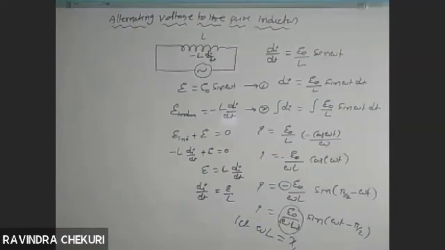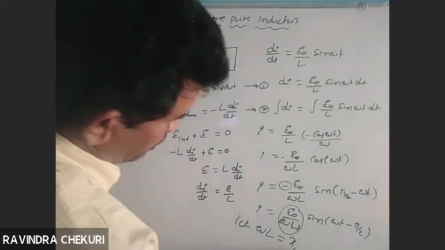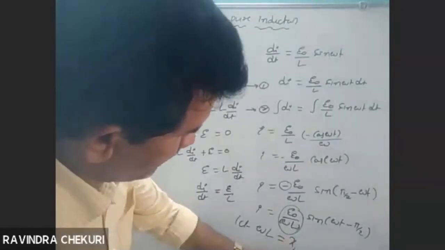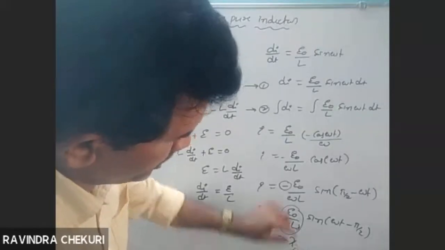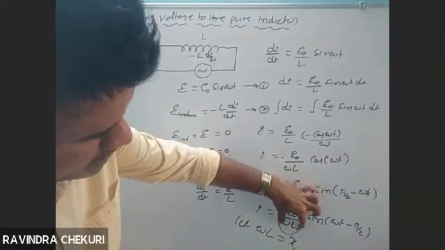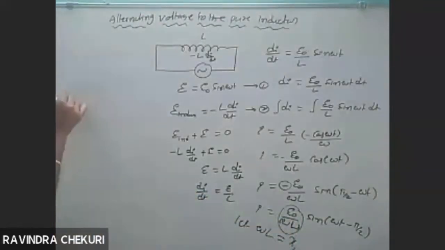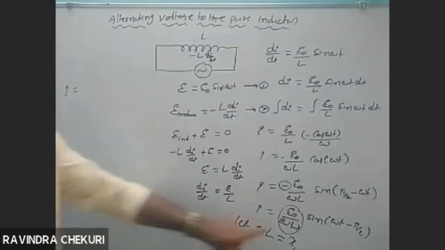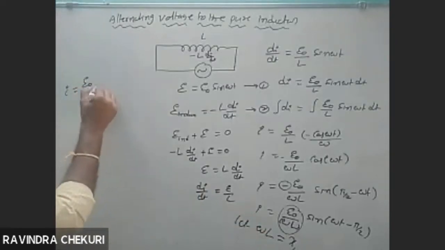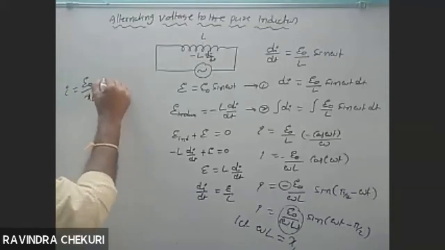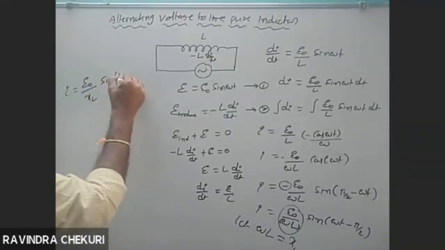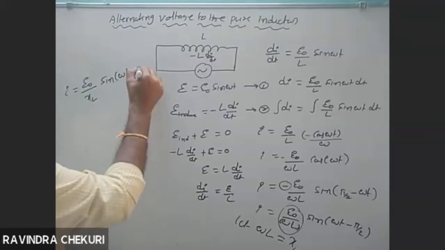So XL is equal to omega L, and I is equal to E naught by XL into sine of omega t minus pi by 2.